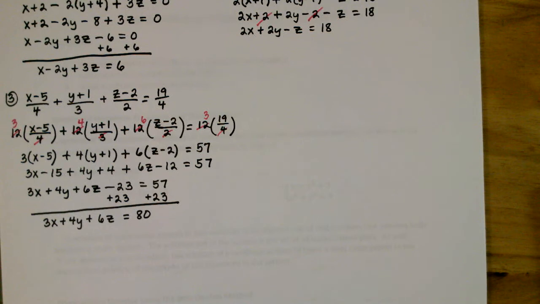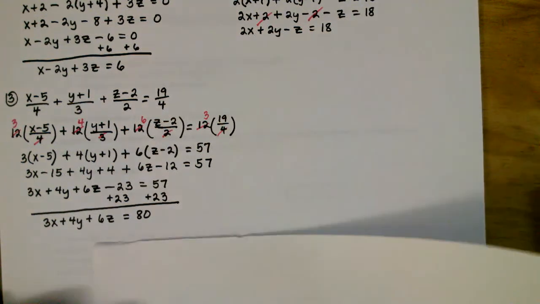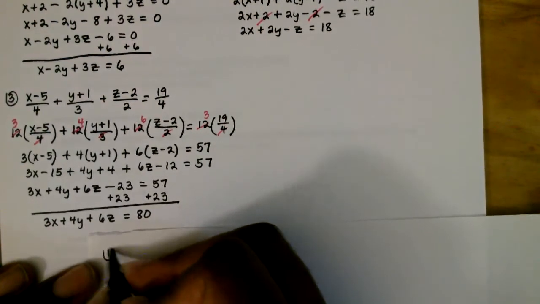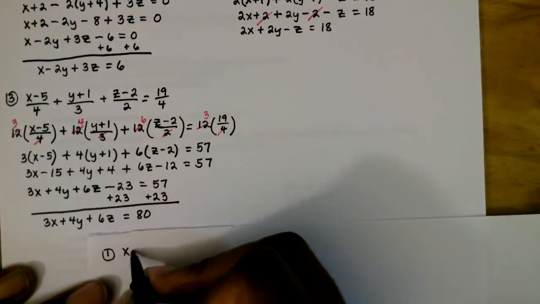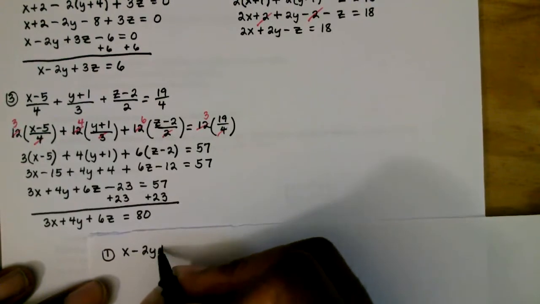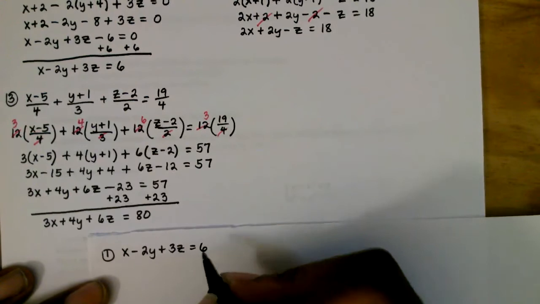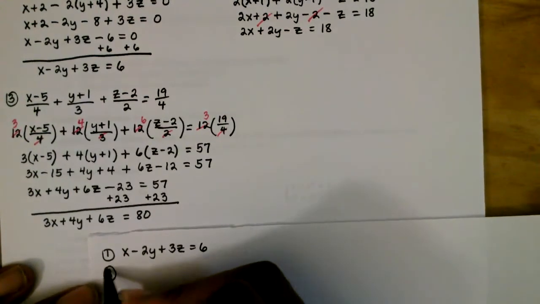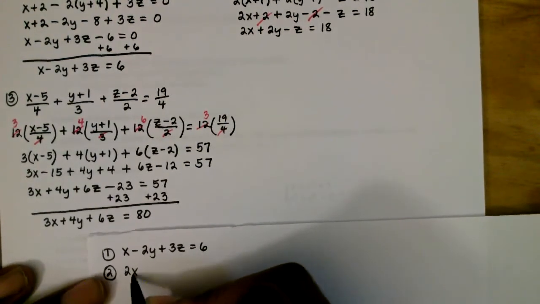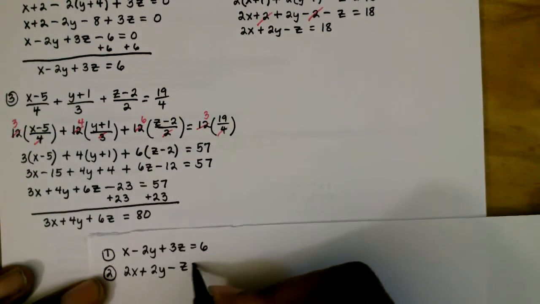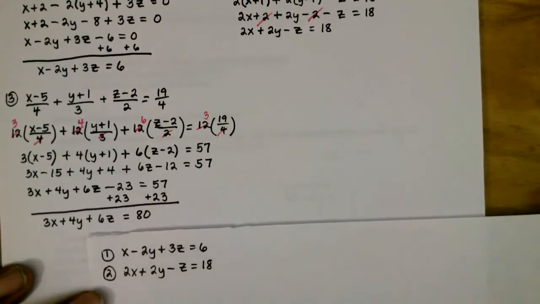And I'm going to go ahead and write this on a separate sheet of paper here. Equation 1 was x minus 2y plus 3z is equal to 6. The second equation was 2x plus 2y minus z is equal to 18.